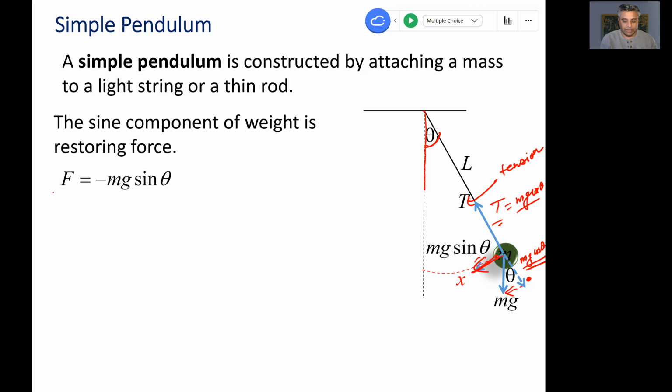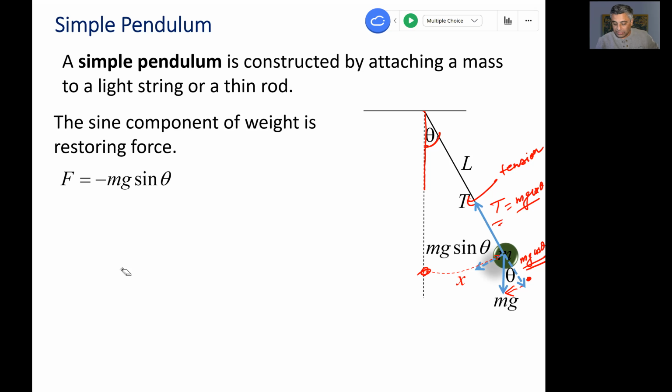So that's the restoring force here. Restoring force, just like in a spring, is kind of negative. It's making it come back here. X and force are in opposite direction. So when this thing is moving this way, the force is acting this way. So that's what that negative sign means.